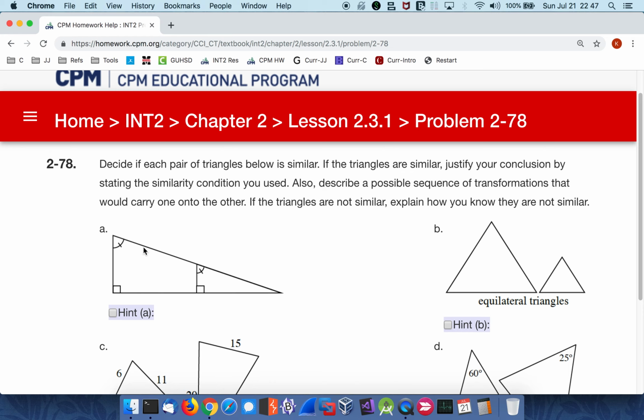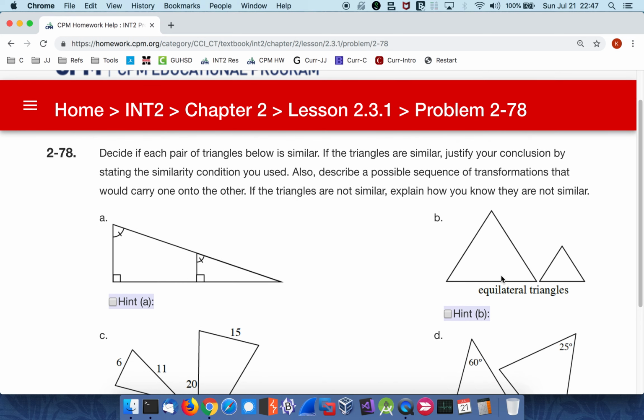Well, if all three angles are congruent, then the two triangles are similar. They're not congruent triangles because one triangle is obviously smaller, and congruent would require that the sides be the same, but they're definitely similar triangles because if you just scale this triangle up, you will eventually get this one. Cool. All right, so that was A.